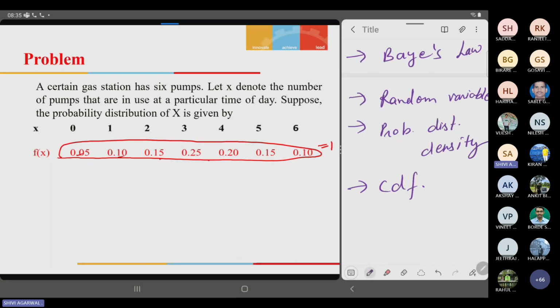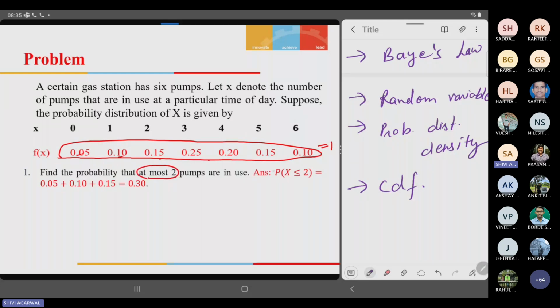Now the question is: find the probability that at most two pumps are in use. At most two pumps in use means probability when x is less than or equal to 2, meaning either 0 or 1 or 2.